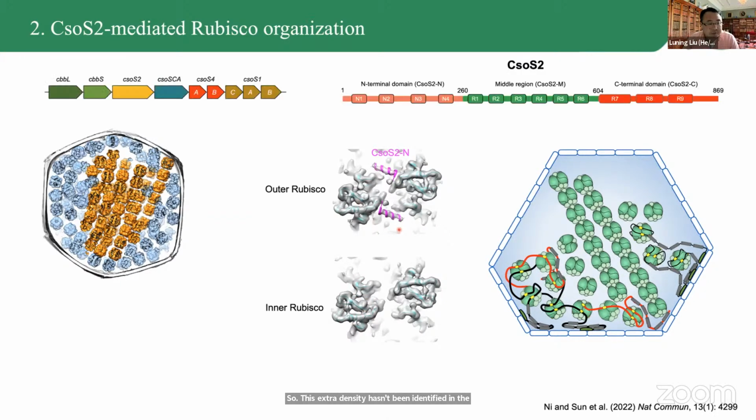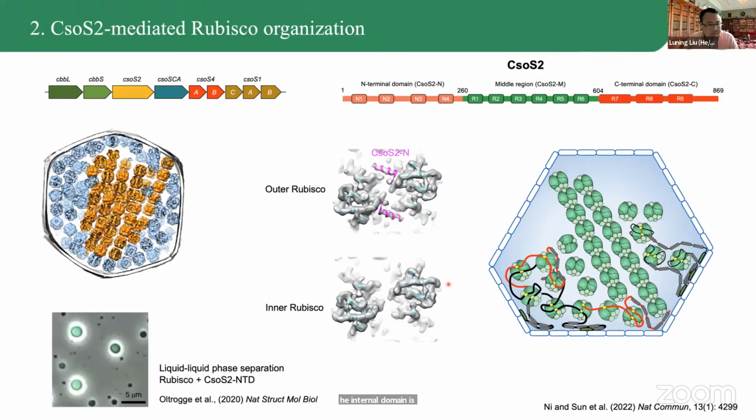And based on the resolution, we can identify these regions as a protein we call CsoS2, which is a linker protein and also a structurally disordered protein that can recruit foreign enzymes into the carboxysomes. And the N-terminal domain is binding to the Rubiscos.